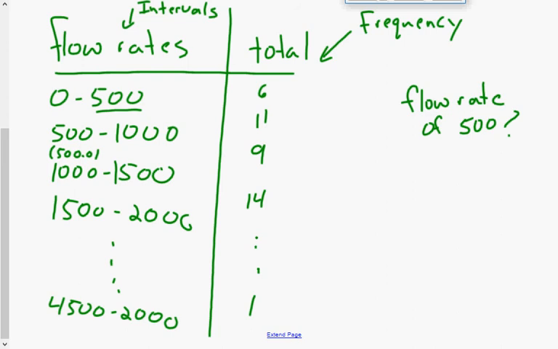So if I had a number of 2,000, it would be counted between the 1,500 to 2,000 range, not the 2,000 to 2,500 range. Is everyone clear on that part? Good, because that seems to be always where most people get tripped up when doing histograms.